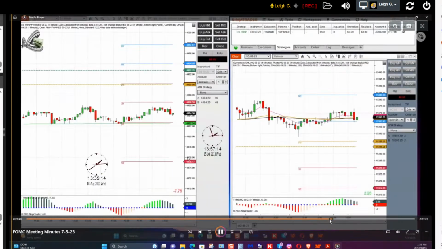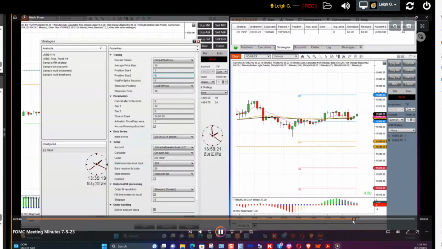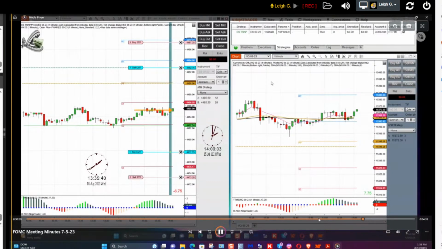And then here we have July. This was last month. And we had a simple trap trade. It's not complicated to set up a trap. And we were just using one tier, a 30 tick tier, which is not all that much on a report such as an FOMC minute report.